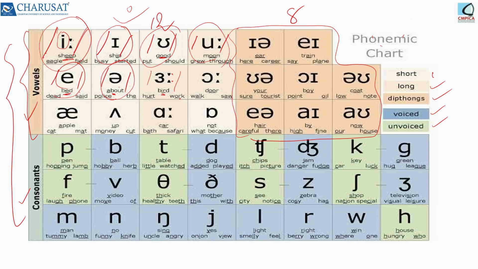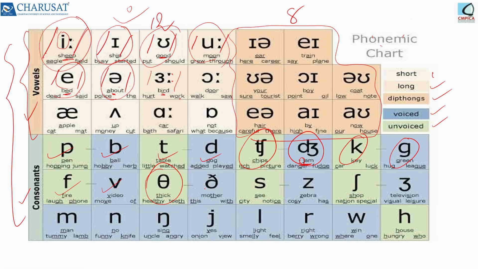So first is p, b, t, d. This that you find is identified as ch. This is identified as j, as in the word jam, the j sound that comes at the very beginning. This is ch, this is k, this is g, f, v. This particular symbol is th.